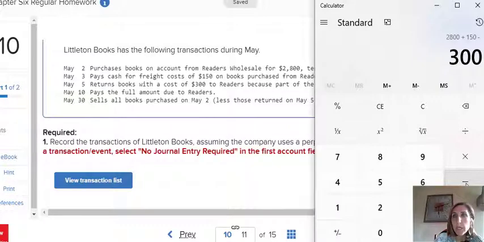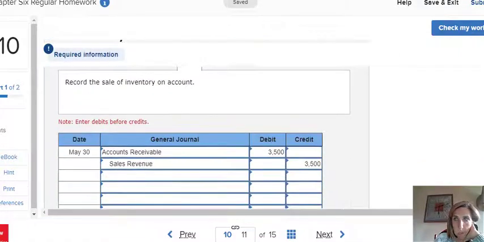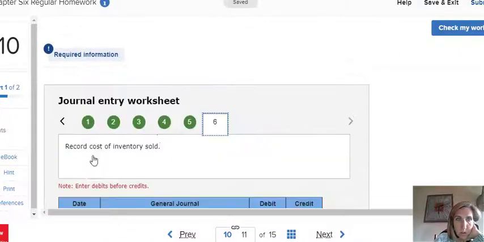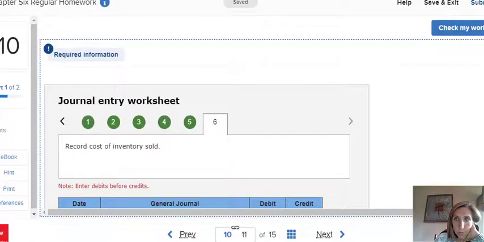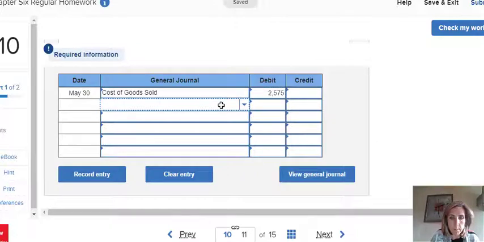And then we took a discount because we paid within a timely manner. So this is the total of my inventory value, $2,575. That is what I will record, $2,575 on the last journal entry to show the cost of goods sold being debited and credit my inventory.